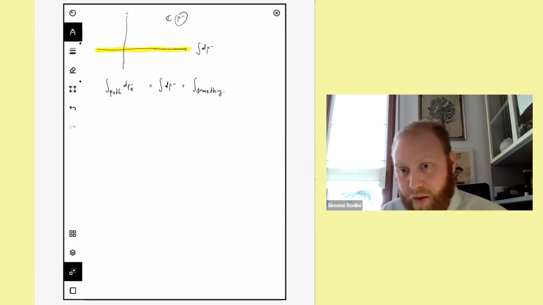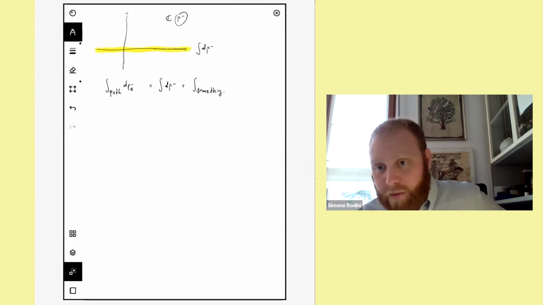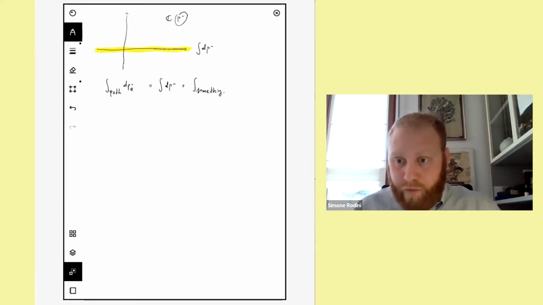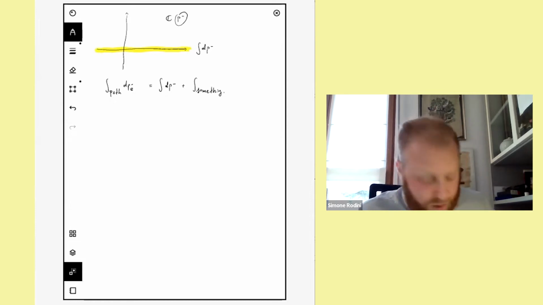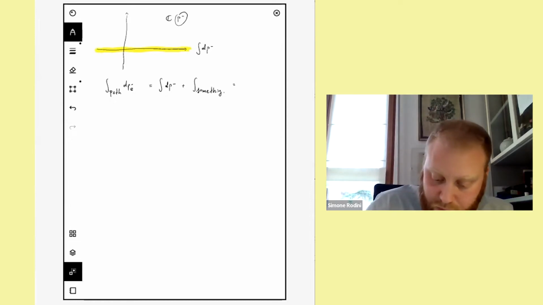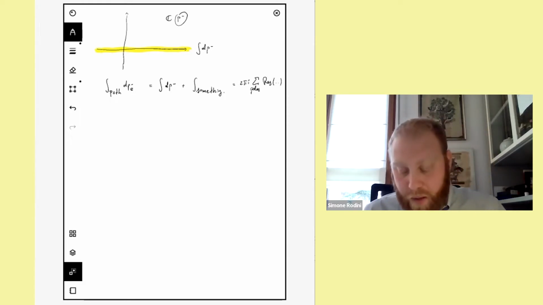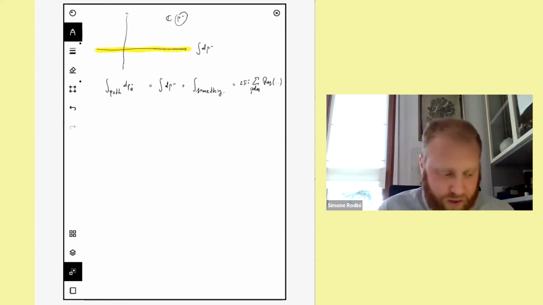And that something hopefully is 0 in the limit of large parameter. The path is closed, so you can actually apply the residue theorem. So you get 2 pi i, the sum over the poles of the residue of your function. So you basically can compute this integral over p minus using the residue theorem and just getting rid of whatever this something is.